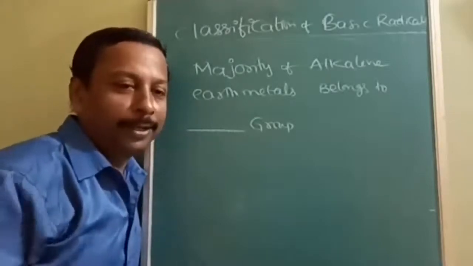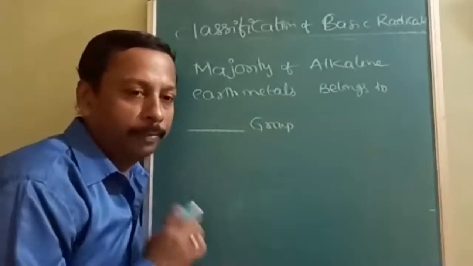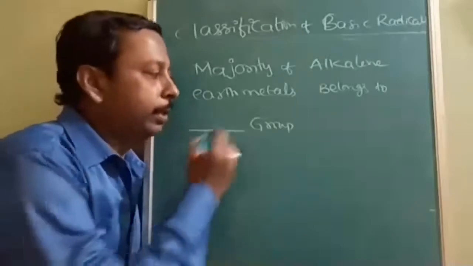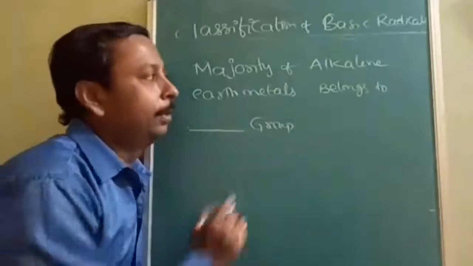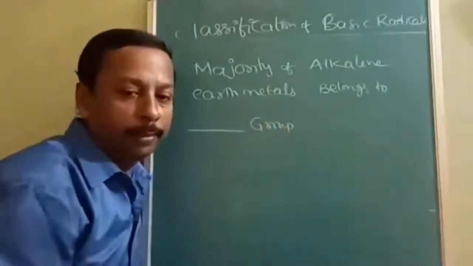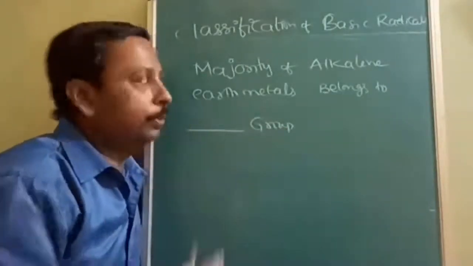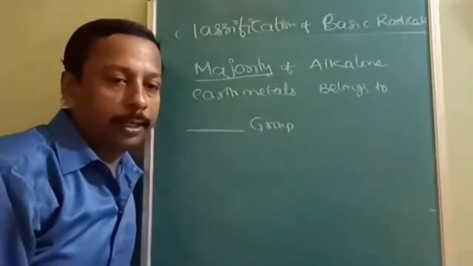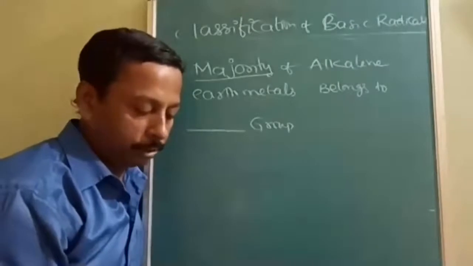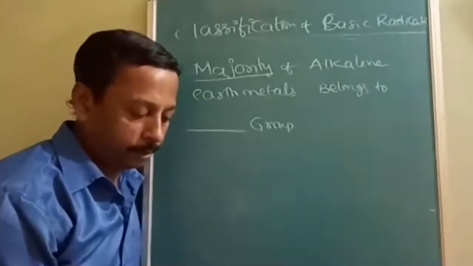Next question: majority of alkaline earth metals belong to which group? I am not asking about the group in the periodic table. In the previous lecture I clearly mentioned that group here means this classification's group, not the periodic table. If anywhere I have to mention that, I will mention it here itself. Majority of the alkaline earth metals belong to which group of this classification?